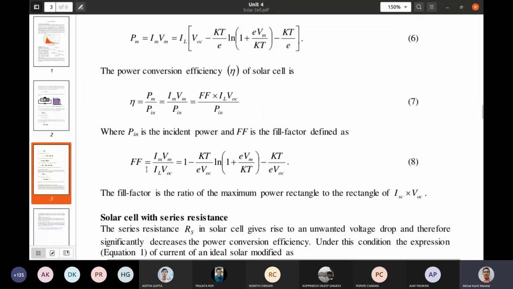We know this value from equation 6. If you take VOC outside this bracket, then we can write here VOC and here EVOC. Where IM VM divided by IL VOC, from equation 6, we can write this. So this is the expression for the fill factor.